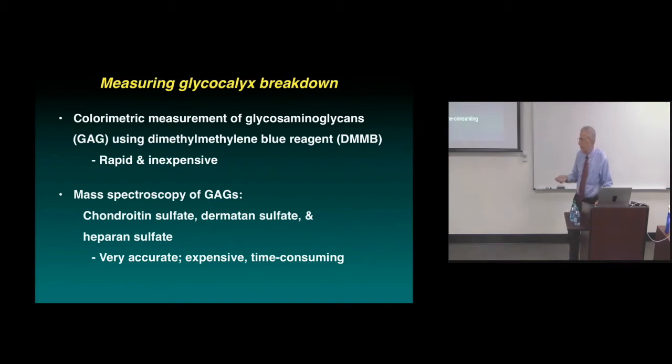More difficult but more accurate are mass spectroscopic techniques, where we can measure individual ones. And we focused on chondroitin sulfate, dermatan sulfate, and heparan sulfate. These are very accurate. They're relatively expensive. These are cheap. These are more expensive. And they're time-consuming, but we feel like you get a lot more information because you can actually look at different ones, and there may be some differences in different organs of the content of those.